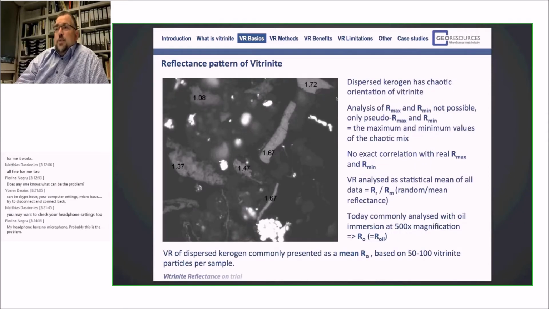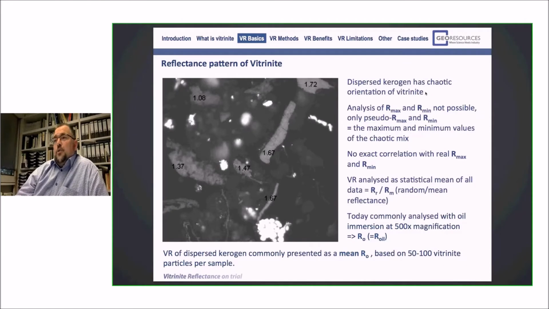But in dispersed kerogen, and this is what we mainly have if we work with shales, hydrocarbon source rocks and hydrocarbon systems, when you isolate your organic matter and make a vitrinite block, you see a typical block surface here, with a chaotic orientation of the vitrinite.